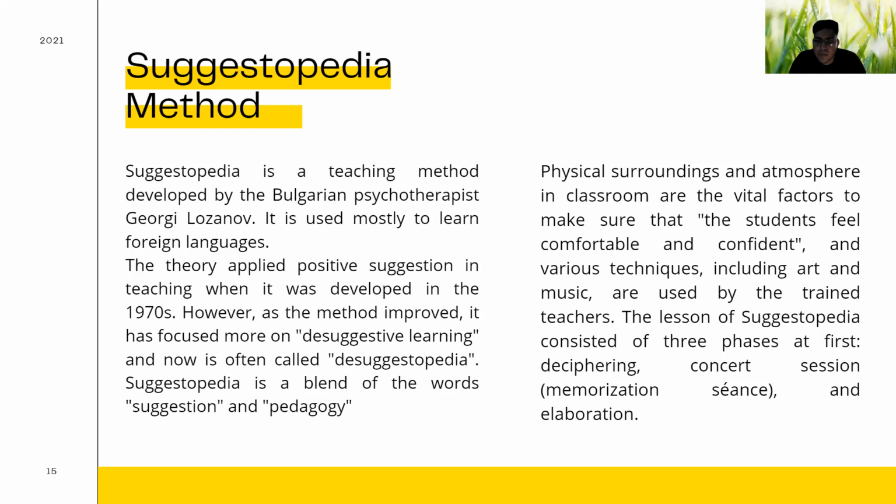The lesson of Suggestopedia consisted of three phases at first. We had the deciphering, the conversation, and the elaboration. In general, Suggestopedia is basically a method that helps us create a good learning environment for the students, but not only for them, for the teacher as well.